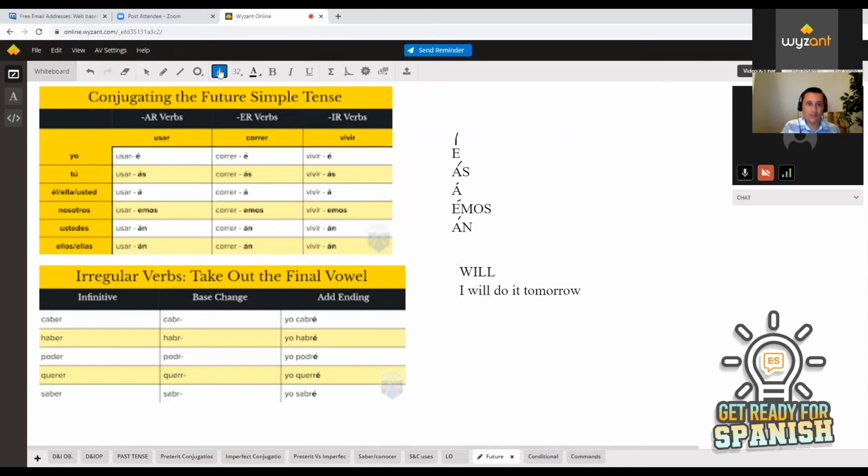Okay, so let's continue with the example of comer. I mentioned before, I ate chicken yesterday. Let's talk about what I'm going to eat tomorrow. I will eat chicken tomorrow. That doesn't work very well because usually we will say I am going to eat chicken tomorrow, but let's go with that.